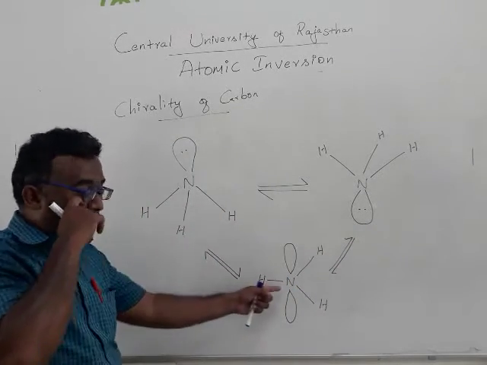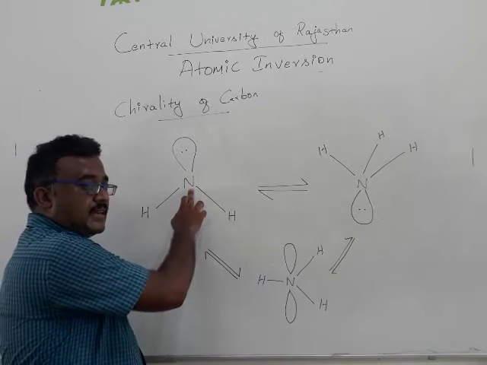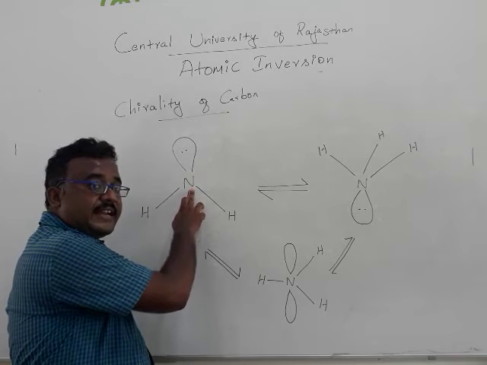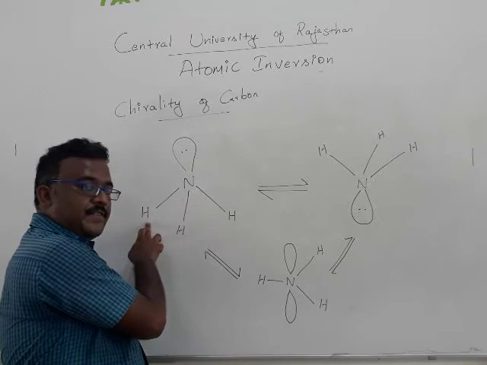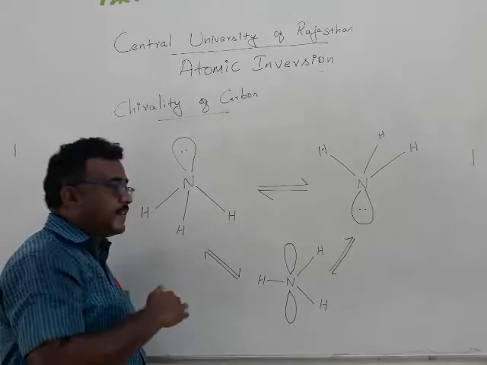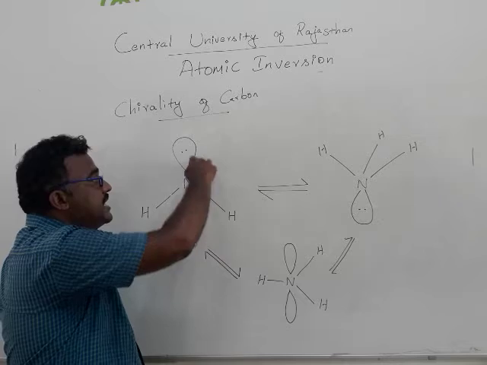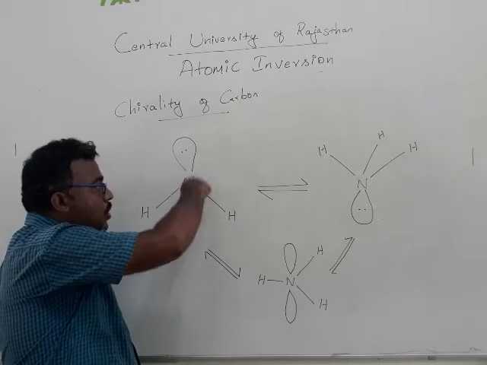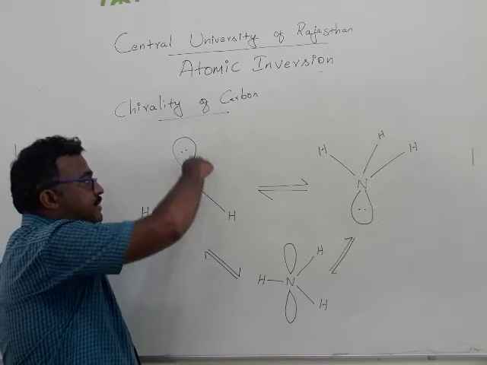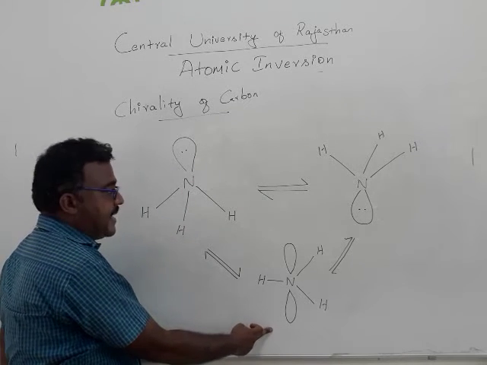the sp2 nitrogen center. Because the mass of nitrogen is higher compared with the hydrogen atom, to maintain the center of gravity, the nitrogen having the lone pair of electrons is diffusing through the nucleus of the nitrogen atom. It is moving from one side to another side through the sp2 hybridized state.